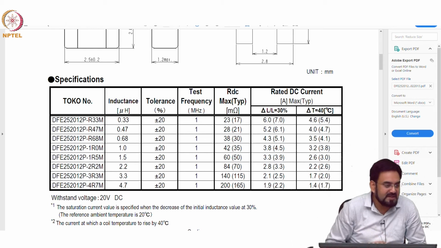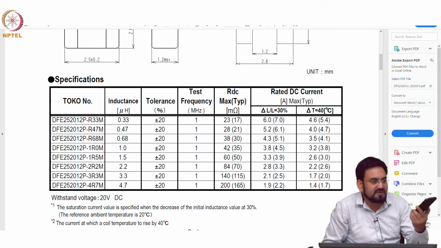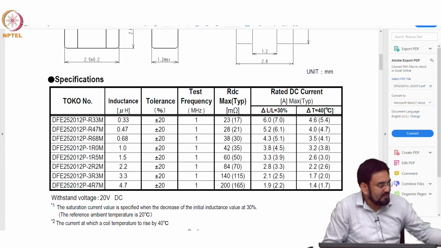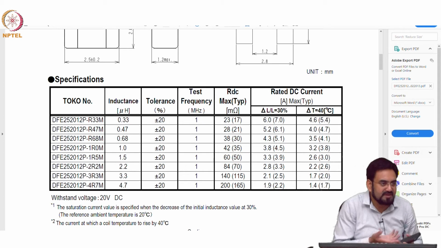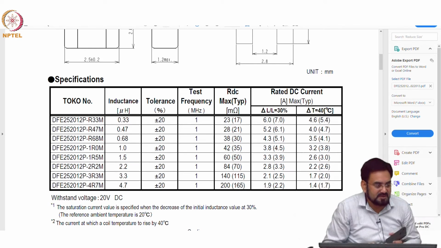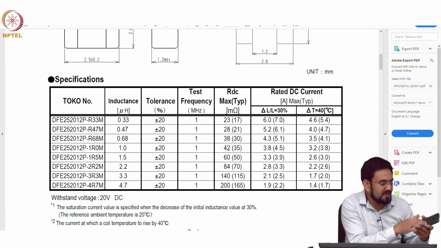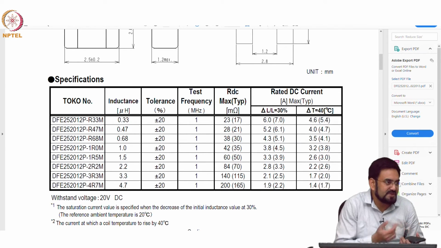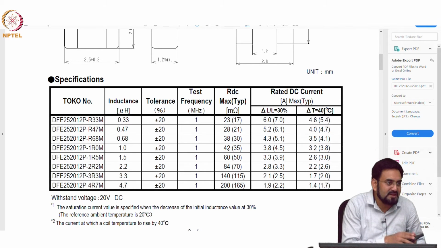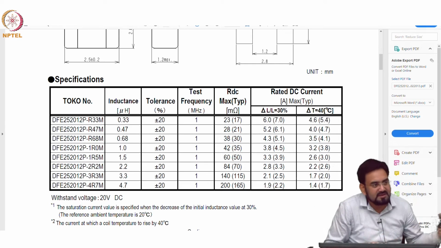Okay, but for cell phone applications we cannot have that big an inductor. It is mostly limited by height because your phone thickness is limited. And your board size also, if you open your phone you will see the board will hardly occupy even 20-25% of the total real estate, because the battery occupies almost 40% of the space, and in the leftover space you have to place your speaker, your camera and everything actually.